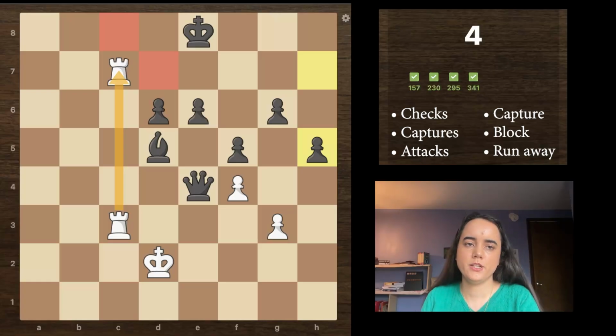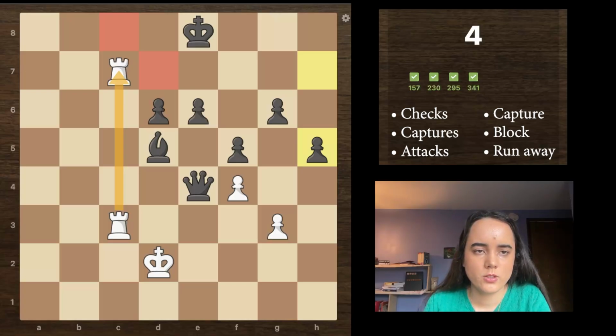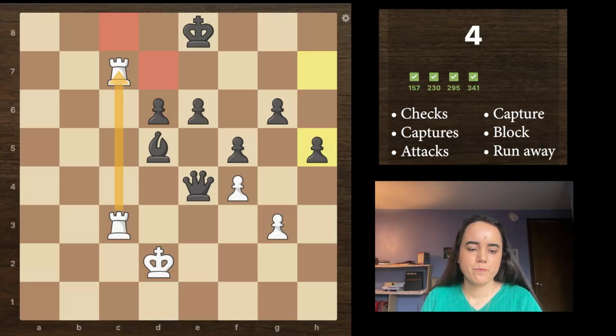The rook goes here. And where can the king go? The rook cannot get taken. You cannot block with a piece. So the only option would be to run away.